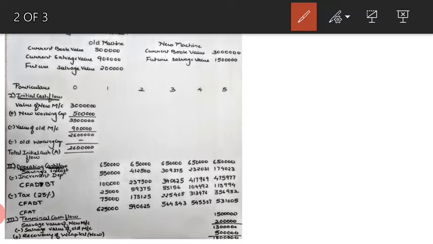Once you calculate tax, deduct the tax. Once you deduct tax, what do you get? Cash flows after depreciation and tax, CFADT. We have seen this in the previous problem. So 1 lakh minus 25,000 is 75,000. 2,37,500 minus 59,375 gives you 1,78,125 and so on for all the years.